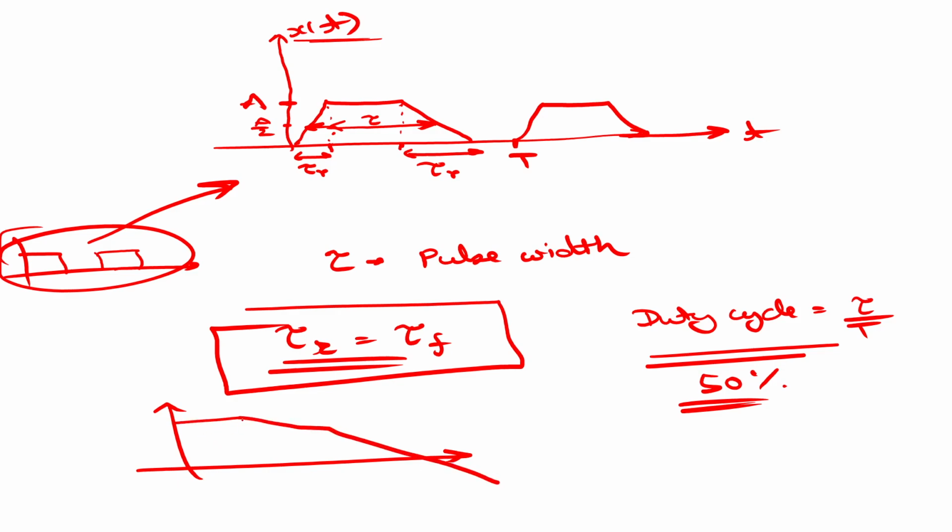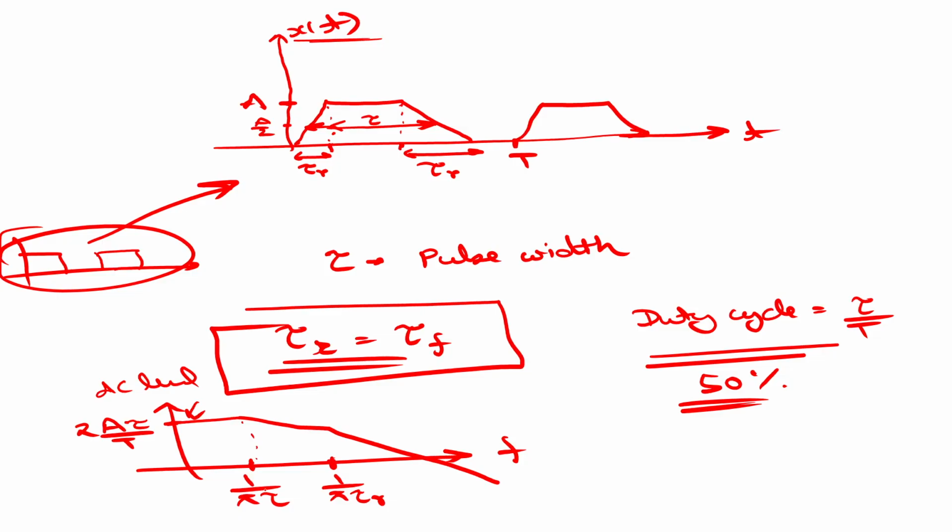This is the DC level for a trapezoidal pulse, which is given by 2 times A tau by T. The first breakpoint frequency is 1 by pi tau, and the second breakpoint frequency is 1 by pi tau r.